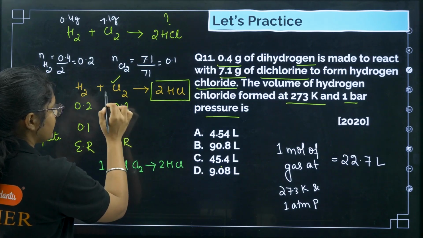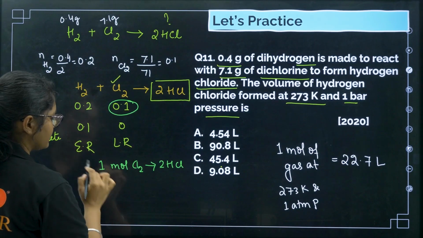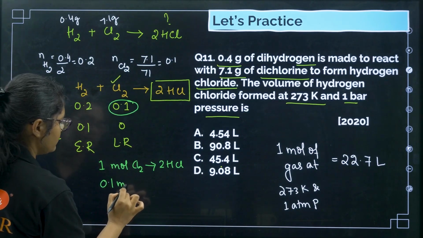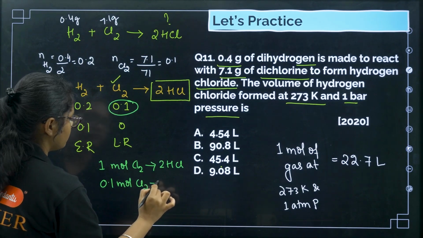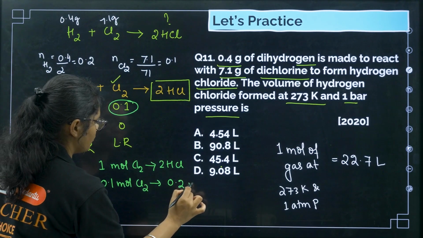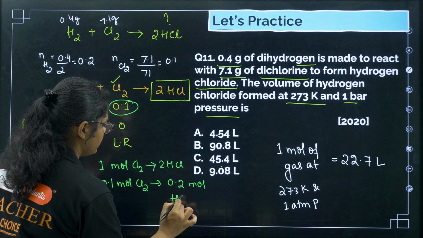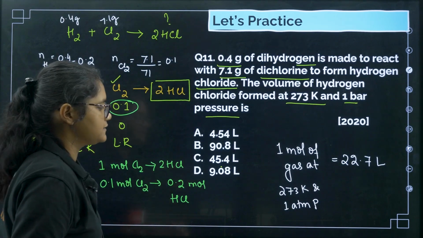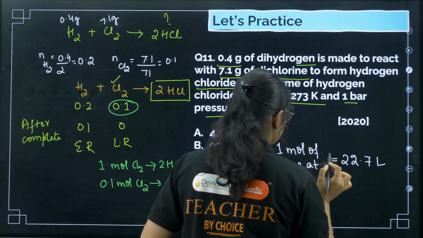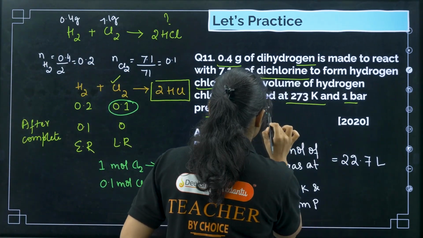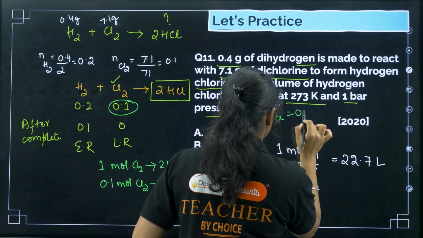Now how many Cl2 has reacted? 0.1 has reacted. So 0.1 mole of Cl2 will give you 0.2 mole of HCl, right? So moles of HCl is 0.2.